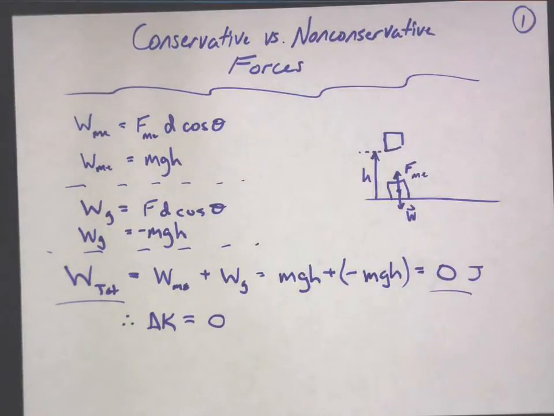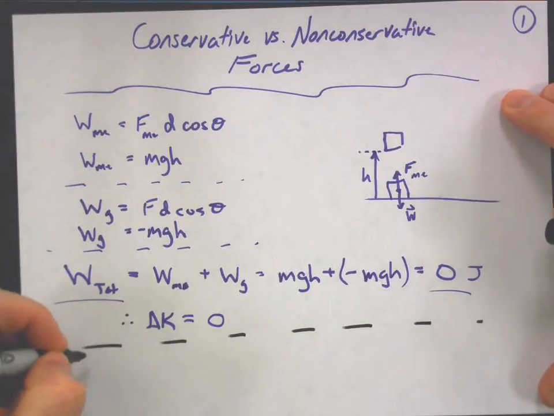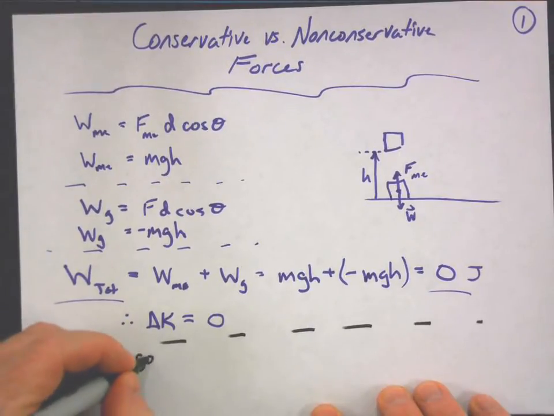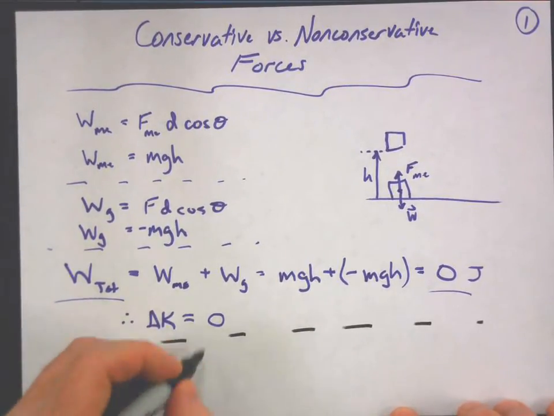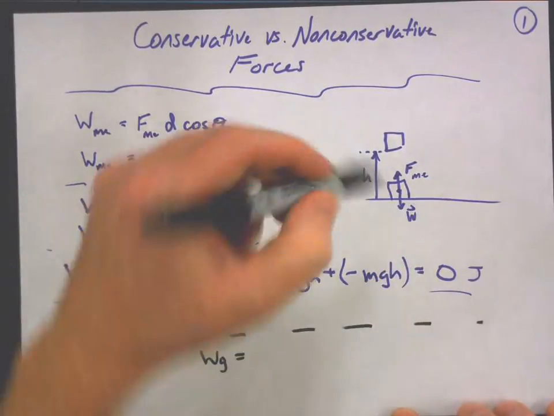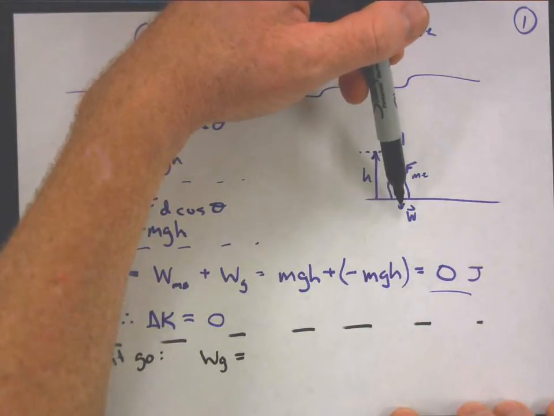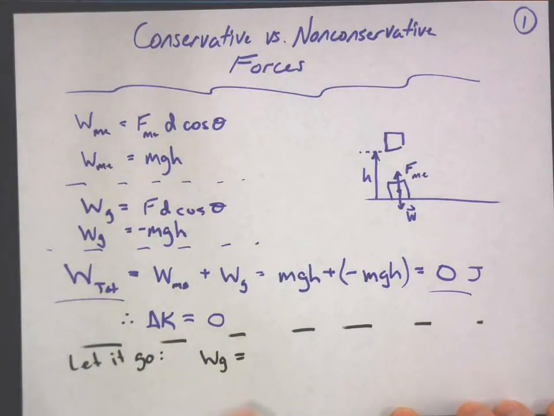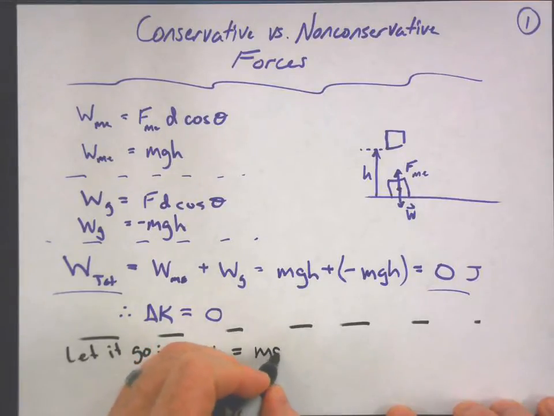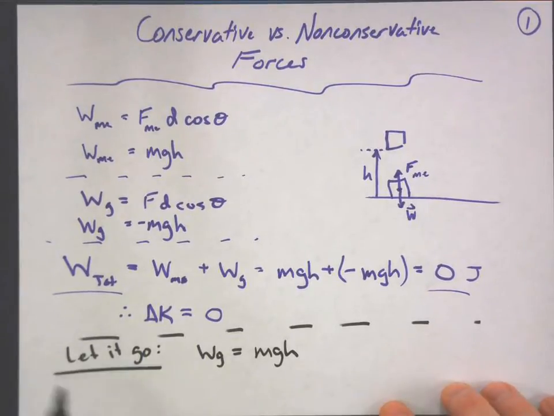So if I let it go, the work done by gravity is now positive, because it's traveling in that direction and the force is in that direction. I'll get a positive amount of work done, which is really cool. And it's just going to be equivalent to mgh, in this case, on the trip down.